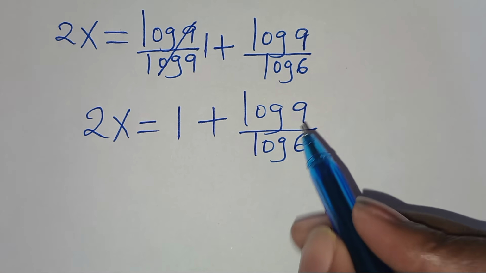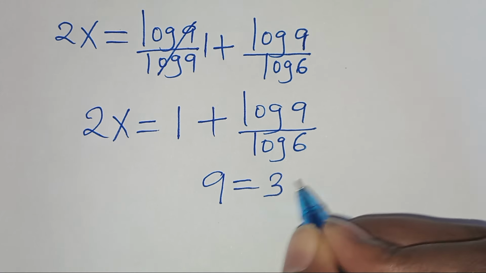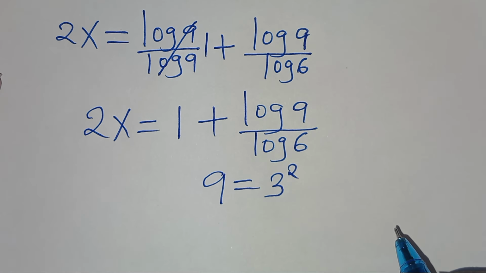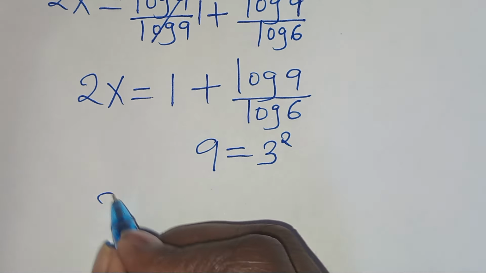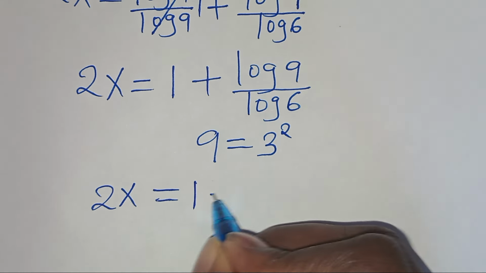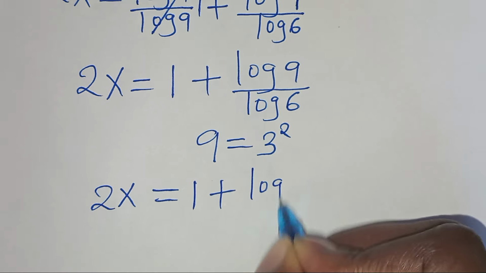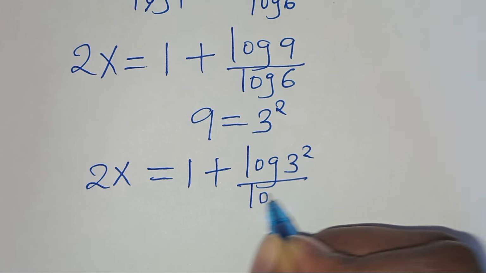The next step from here, we can express 9 basically as 3 to the power of 2. So that now we have 2x equal to 1 plus log 3 to the power of 2 divided by log 6.